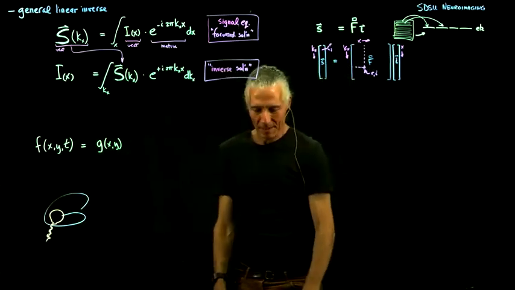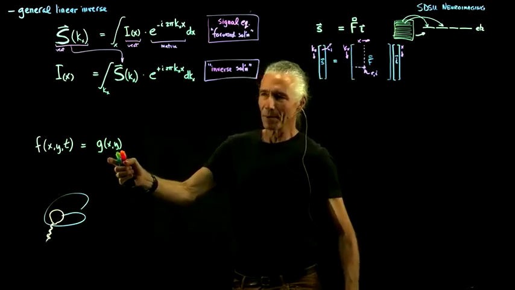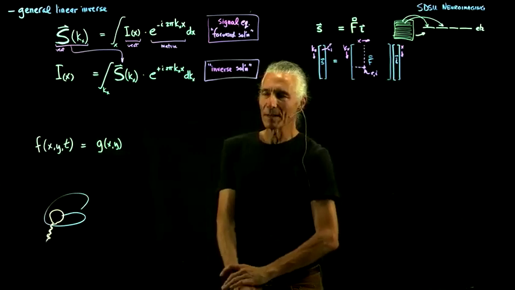But the problem is we've got to get these numbers from someplace. So where do they come from?